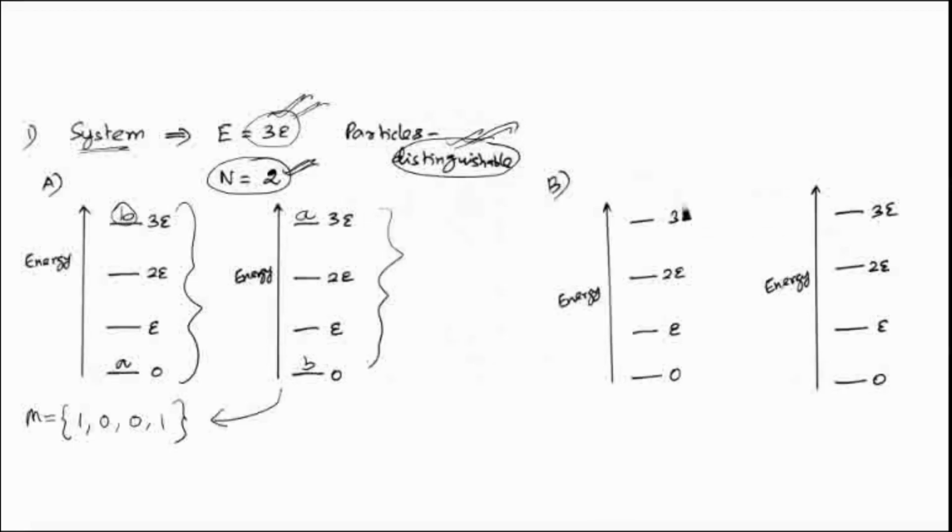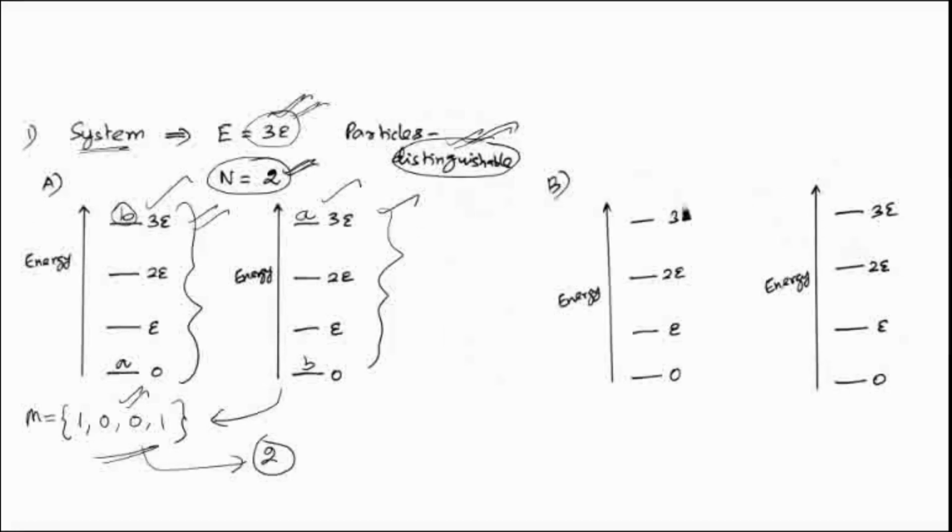You'll get the same result. So these are 2 different ways of getting this macrostate. These two are called microstates associated with this macrostate. So this macrostate is associated with two microstates.